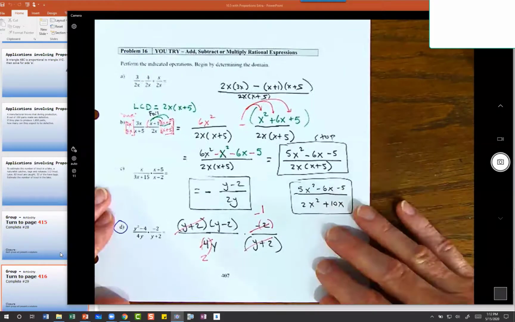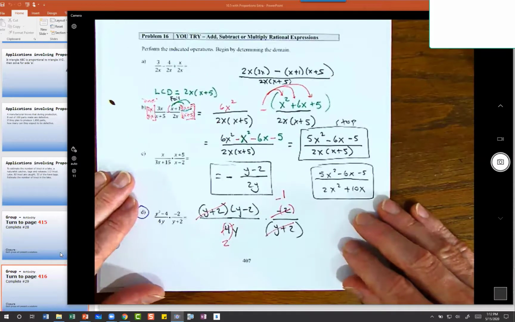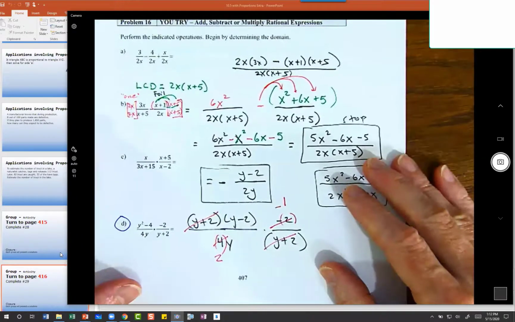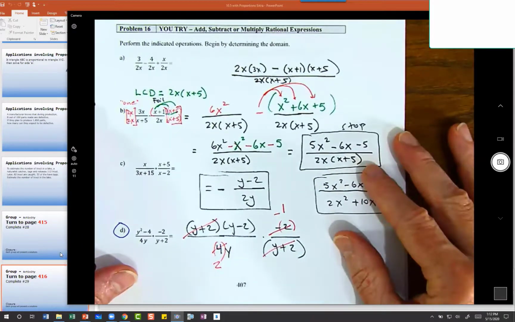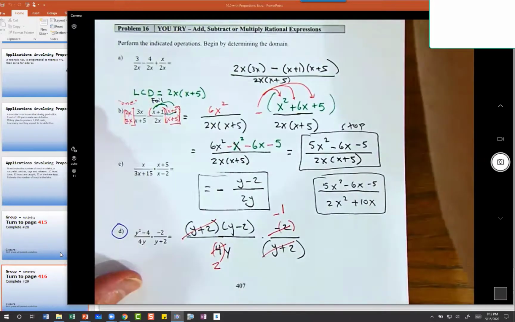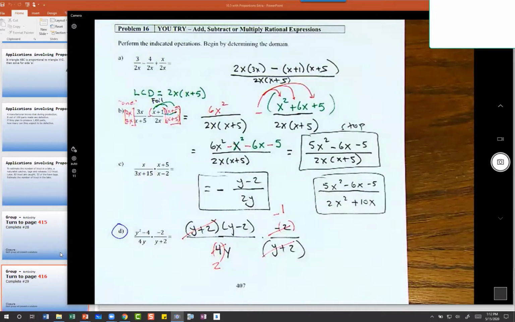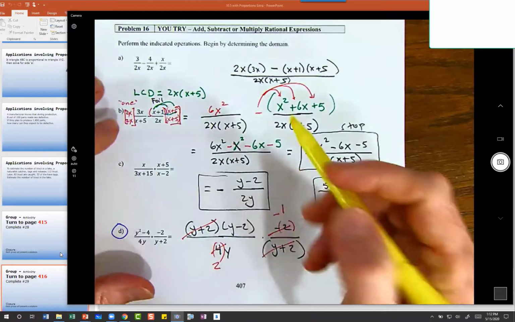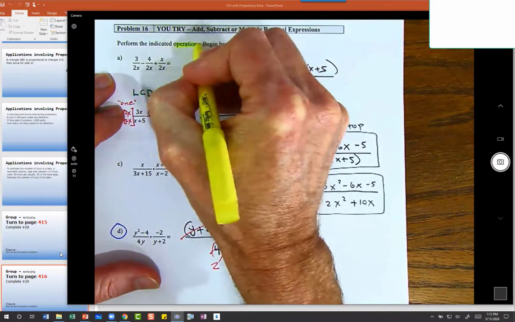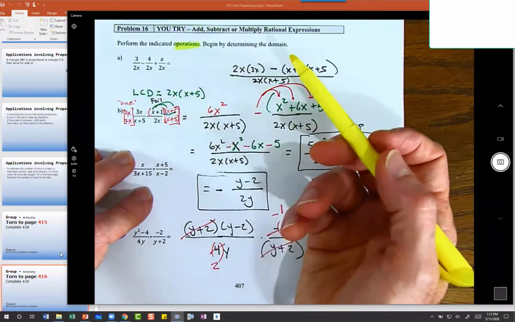Sorry. The domain. Yes, exactly. Good job. Charles, you're with me there. Problem number 16 on page 407. We were supposed to perform the operation. The operation is another way of saying add or subtract or multiply or divide.